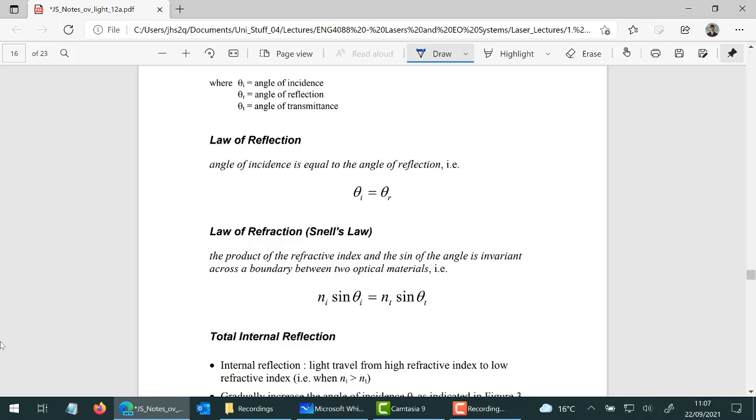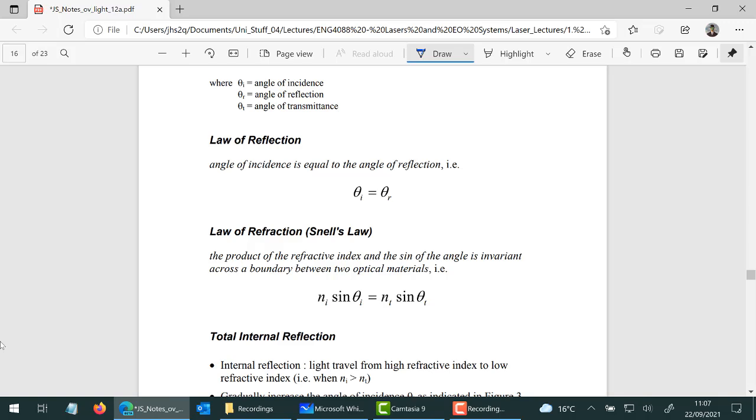From school level, hopefully, you'll remember that the law of reflection says that the angle of incidence and the angle of reflection are equal. We also have a law of refraction: Ni, the refractive index of the incident material, times sine of the angle of incidence, theta i, is equal to Nt, the refractive index of the transmitting material, times sine theta t, the angle of the transmitted ray.